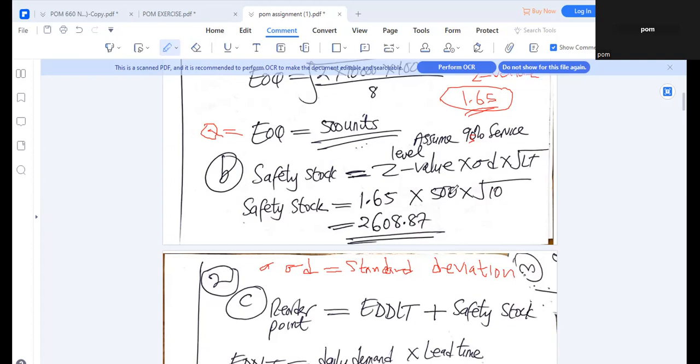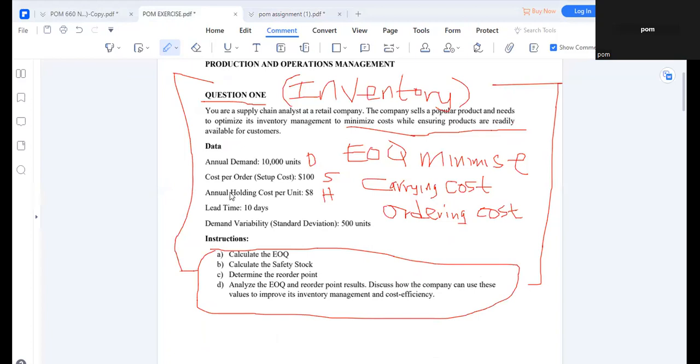This is just because the examiner had given us a very large standard deviation of 500. That is from the question. So this is the reason, because you have a 500-unit standard deviation of demand.